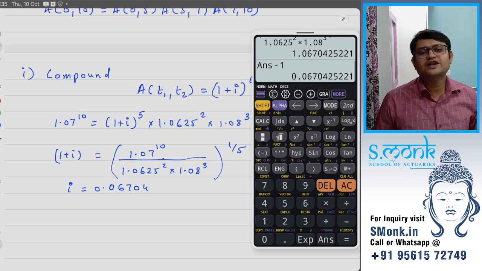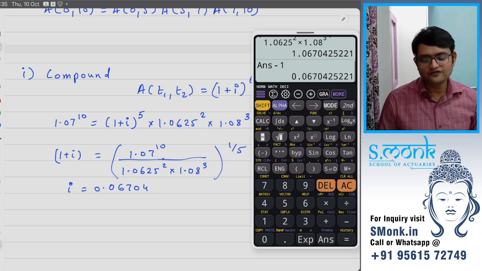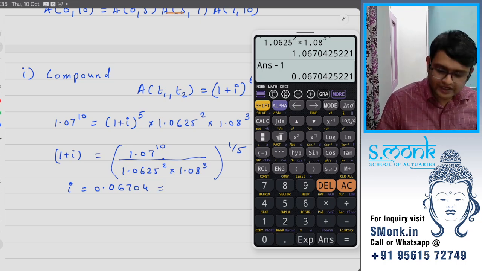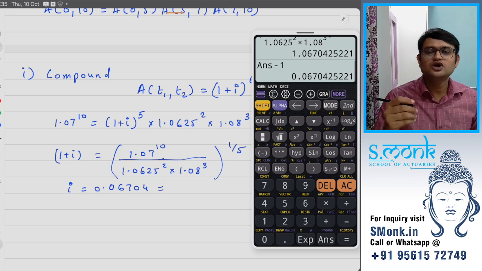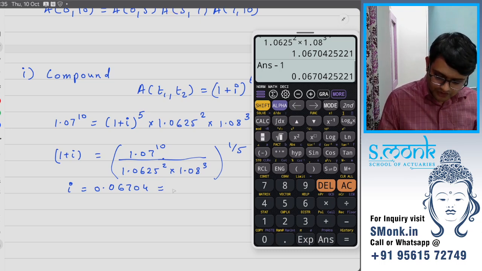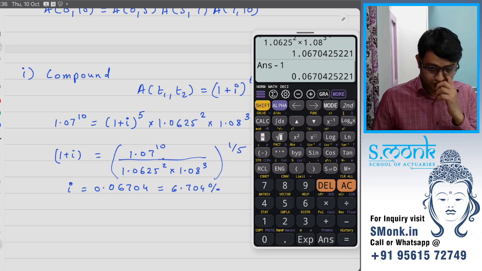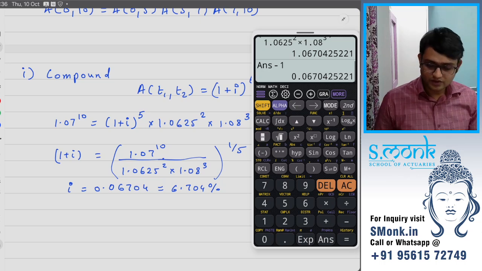Now whenever we are writing an interest rate, if you write the answer like this, that is completely fine, but I prefer writing it in percentage because interest rate is mostly given in percentage form. So the percentage will become 6.704%. Okay. So the percentage is this.